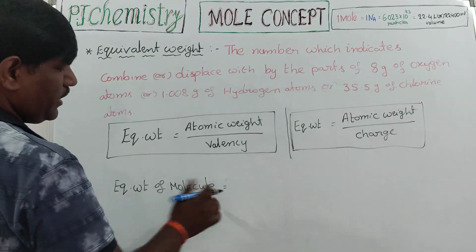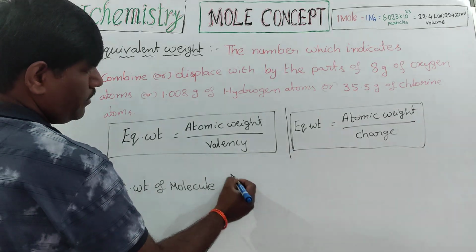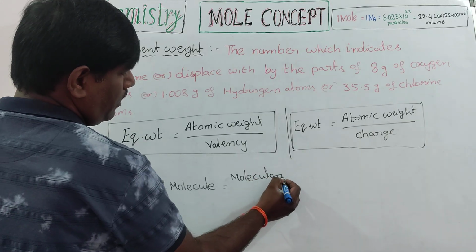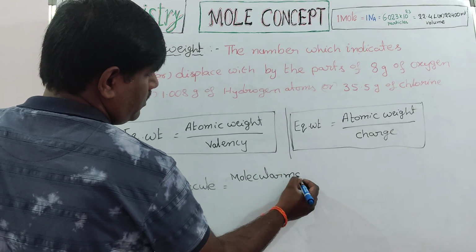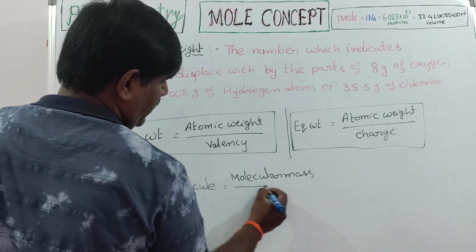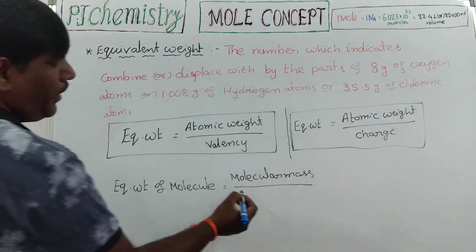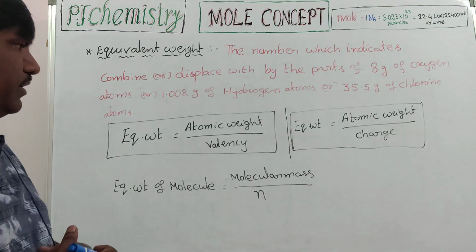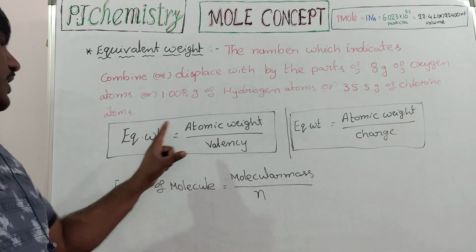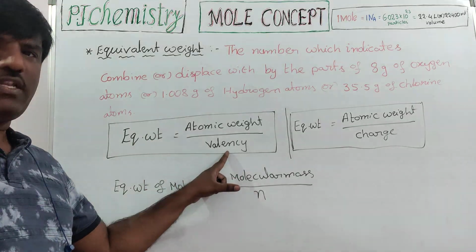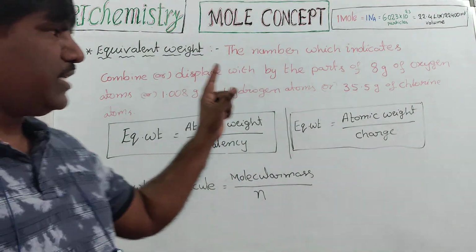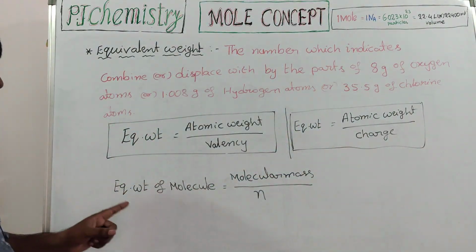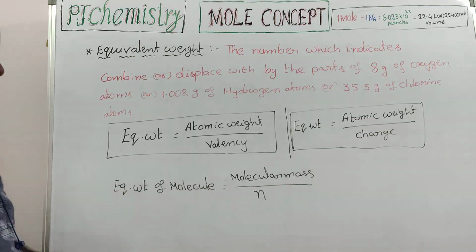The equivalent weight of a molecule is nothing but molecular mass divided by n factor. If it is an atom, the n factor is valency. If it is an ion, the n factor is charge. Similarly, for the equivalent weight of a molecule, what is the n factor?